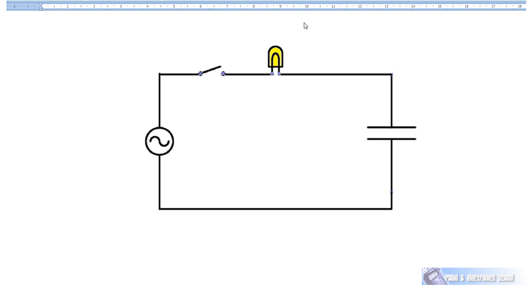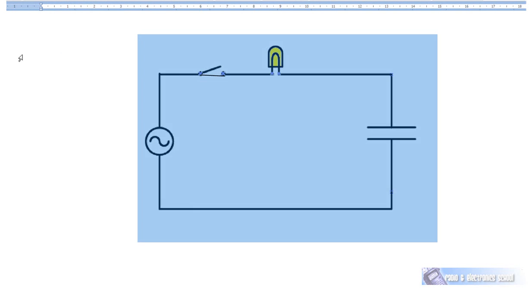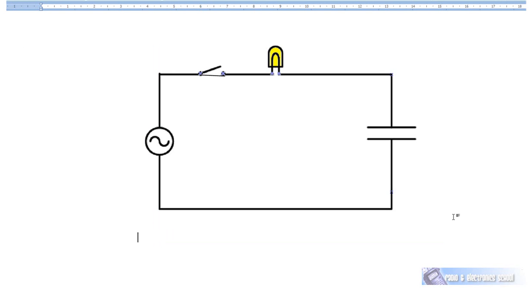When the switch is closed, and it should be closed now, I'll just put a line there to close the switch. When the switch is closed, the capacitor will charge on one half cycle and discharge on the other half cycle. In other words, it will continue to charge and discharge during every cycle, which means there's going to be current flowing in the circuit at all times.